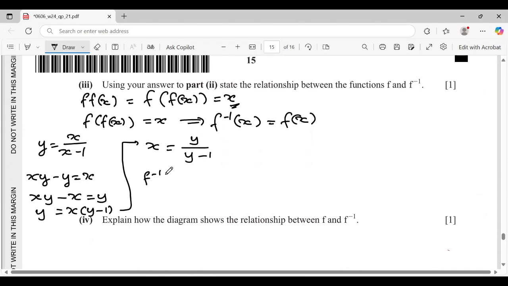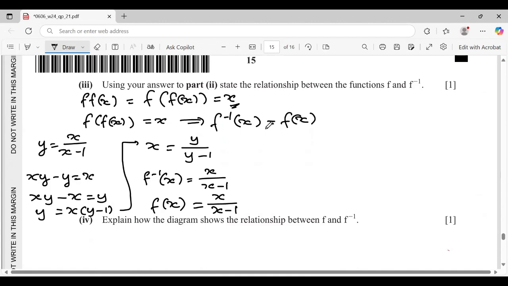So the inverse of f(x) equals x over x minus 1. Look, that inverse is the same as f(x). f(x) is also x over x minus 1.